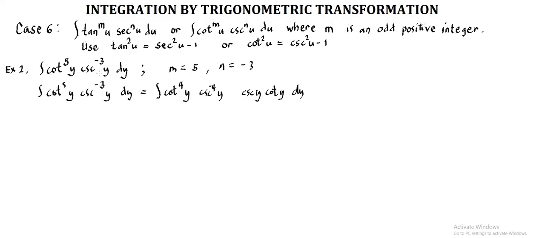So, itong cosecant to the negative 3 of y, pag kinuhanan natin ng isang cosecant of y, equal din ito sa cosecant to the negative 4 of y, times cosecant of y.